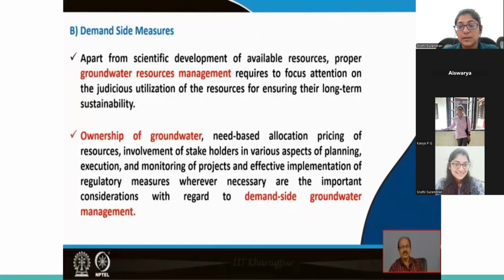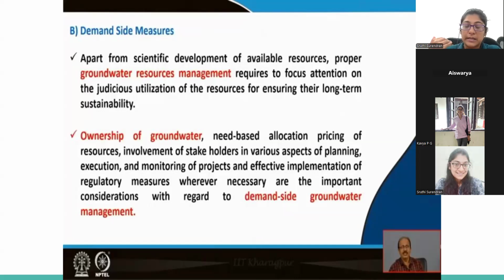Again, there have to be management techniques that focus on allocating groundwater resources as per the requirement, and also, in order to bring about regulation, pricing the groundwater so that there is effective utilization without wastage.